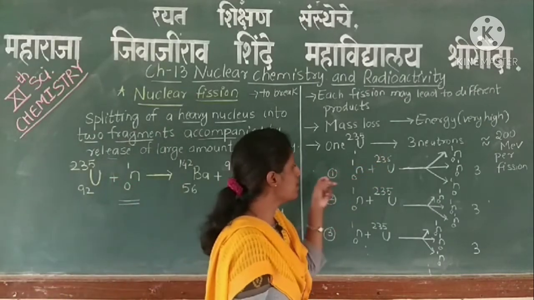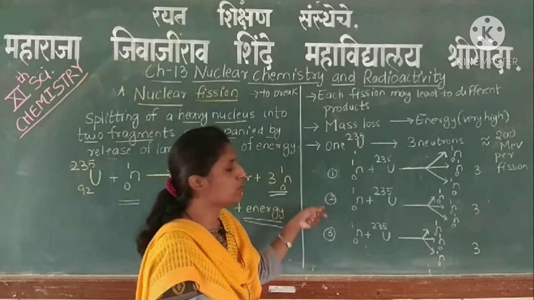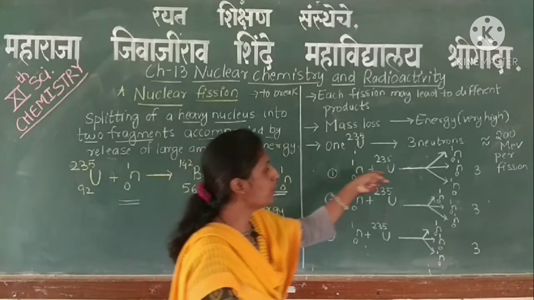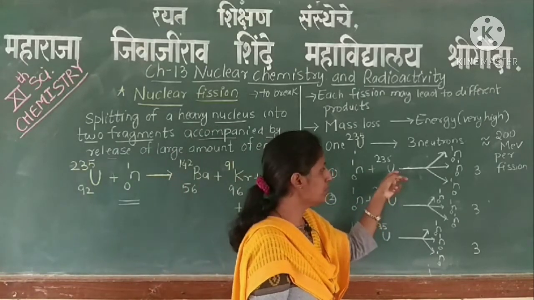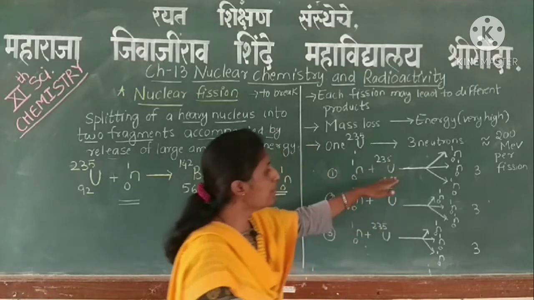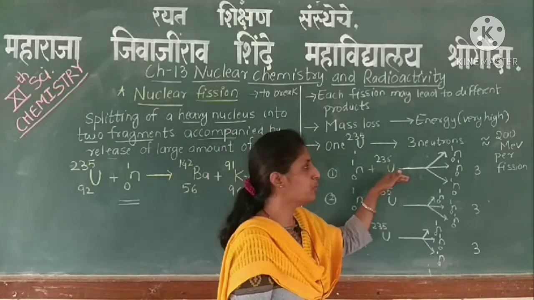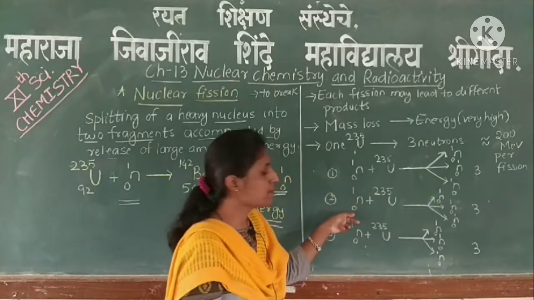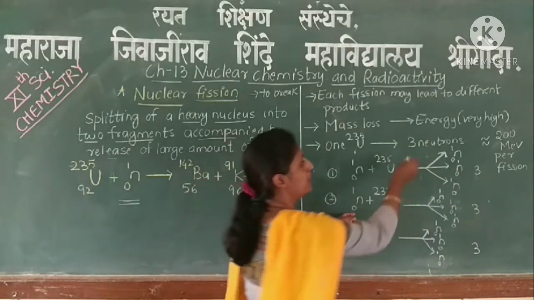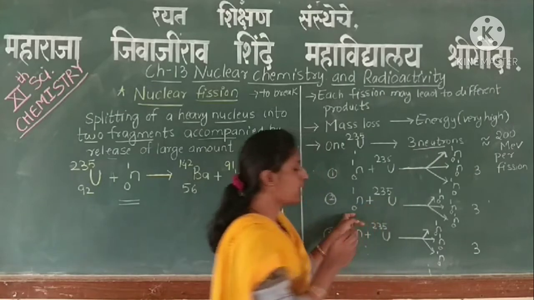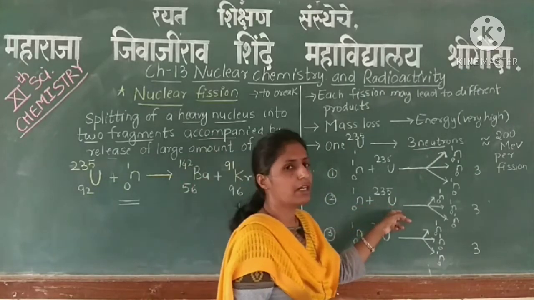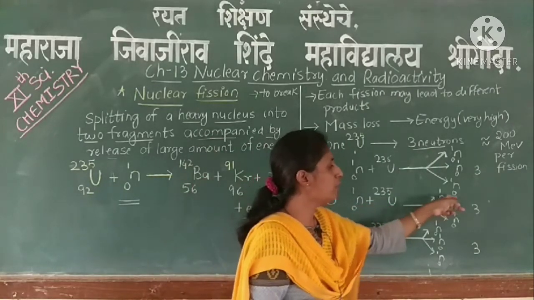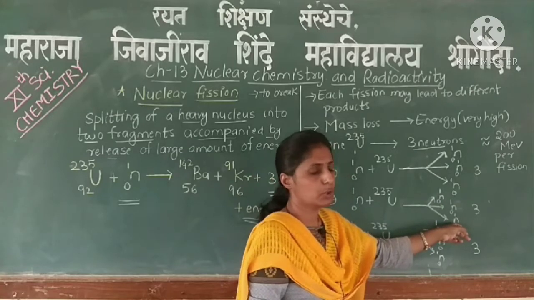Now let's see what each neutron will do. This neutron will again break a uranium nucleus, giving you 3 neutrons. The second neutron will again break another uranium nucleus and will give 3 more neutrons.